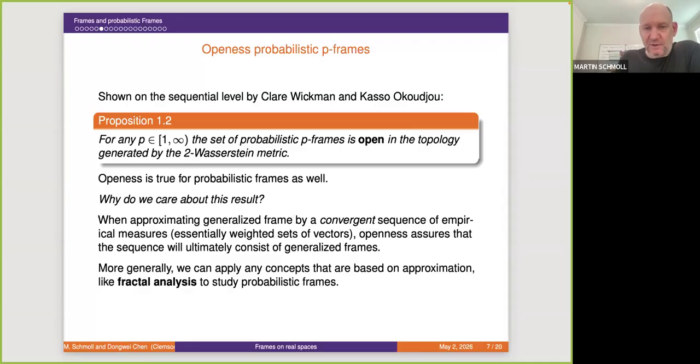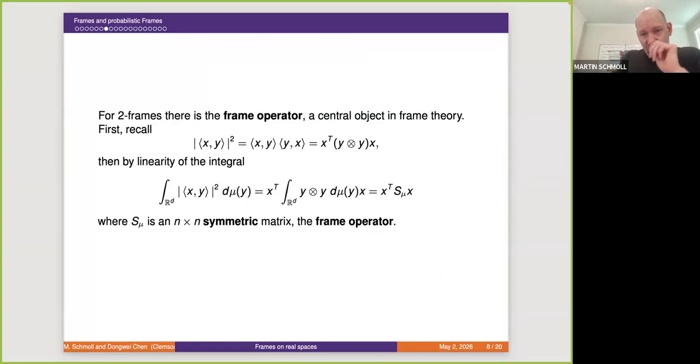Good. So if we restrict ourselves to two frames, then you can write the inner product a little bit differently. If you write it thinking in a basis, you write vectors as columns and rows.